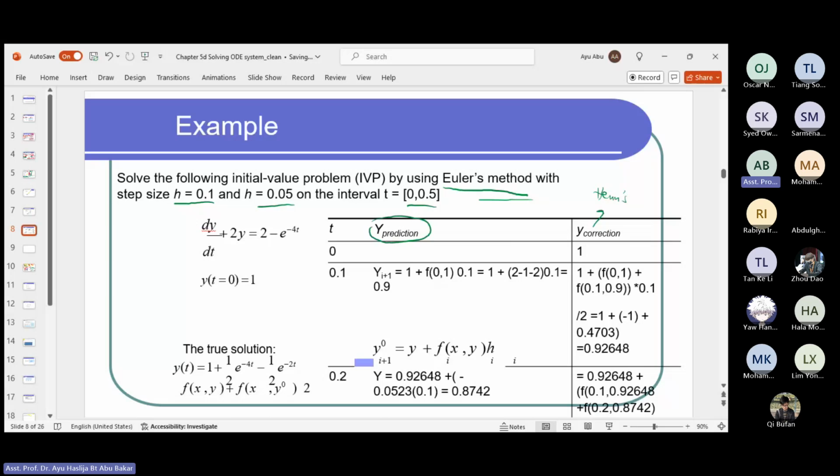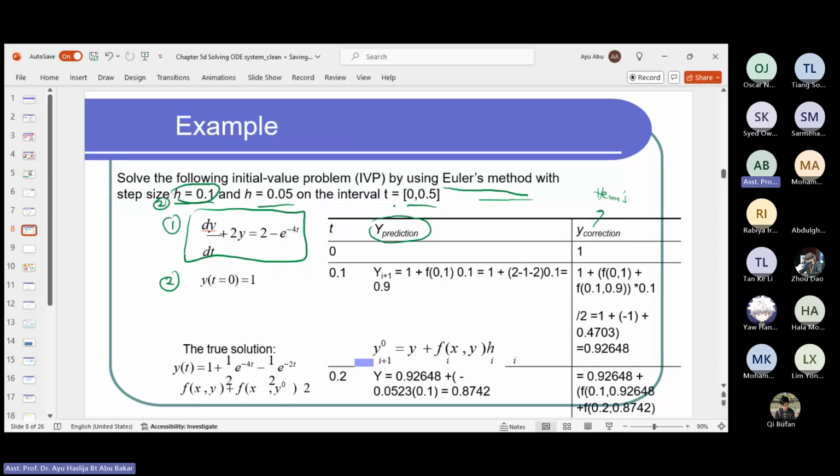First thing first, identify what is the equation involved. This is the equation involved, the dy dt or dy dx. What is your starting point? This is your starting point. Then the h value.